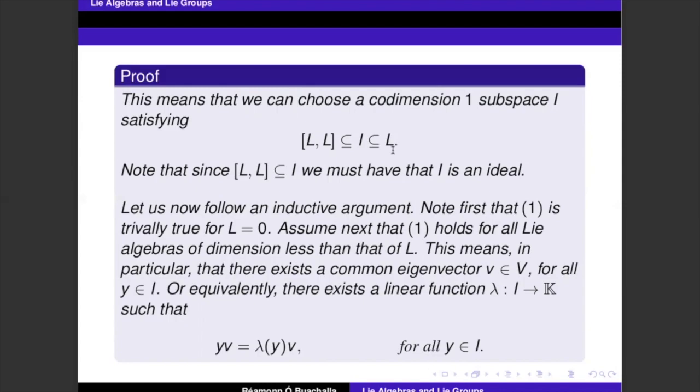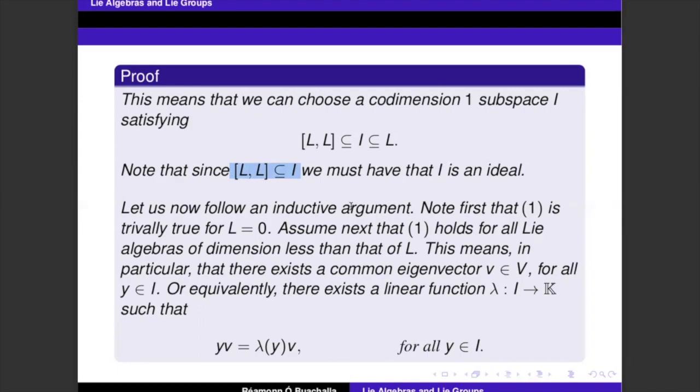If it's not, then let's choose something larger. And this is just as a vector space to start with. It's clear we can do this. However, even though we've only chosen it as a vector space, we get that it's an ideal for free. Why? Because the bracket of L and L is contained inside I. So remember, we check the condition for I to be an ideal.